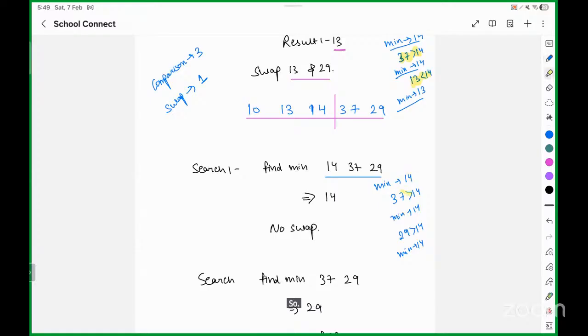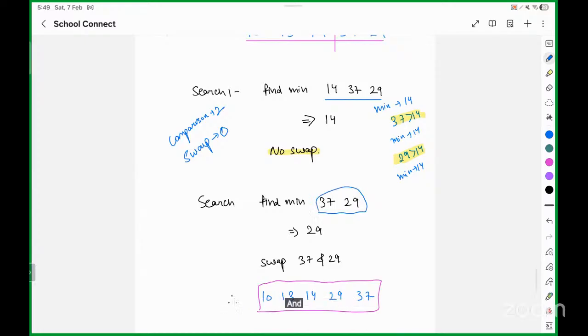So it takes these 2 comparisons, and since there was no swap, comparisons is 2 and swaps is 0 in this case. And in this case, you pick your minimum as 37 and then check that 29 is less than 37, so your minimum is 29. There is one swap of 37, so comparison is just 1 and the swap is 1.